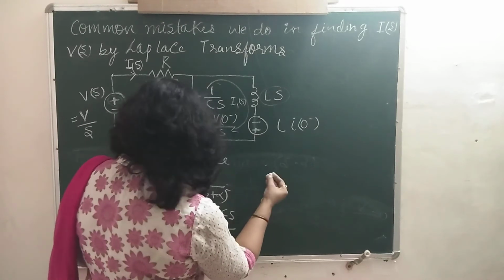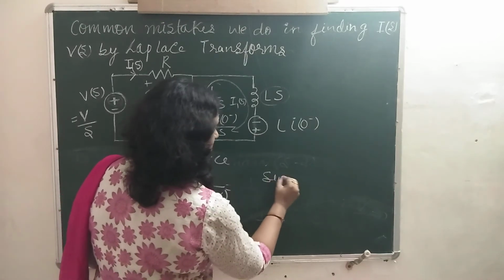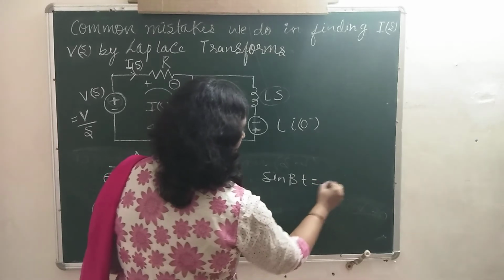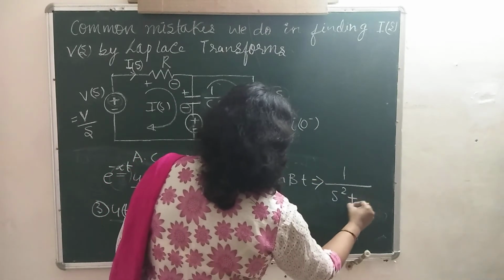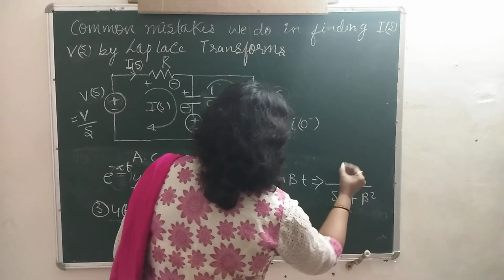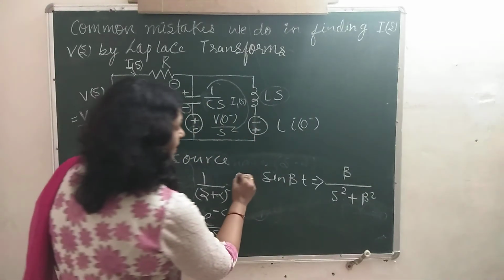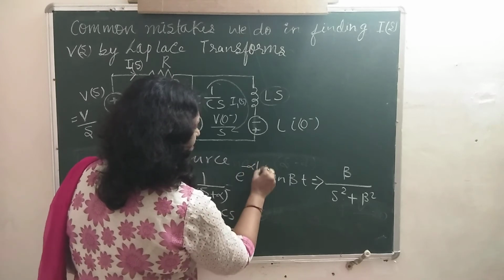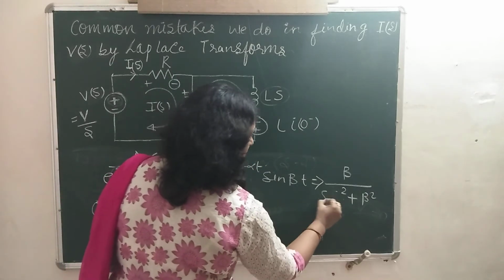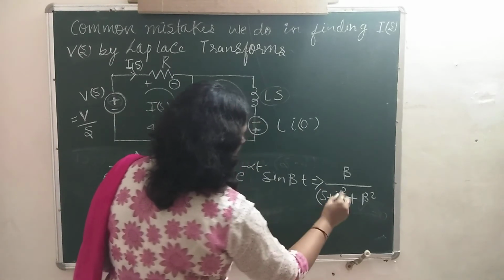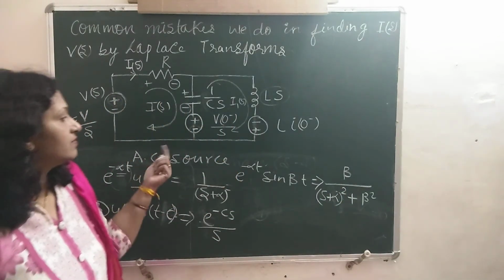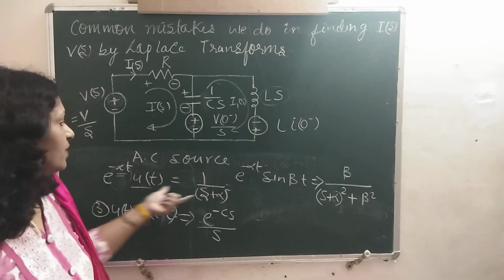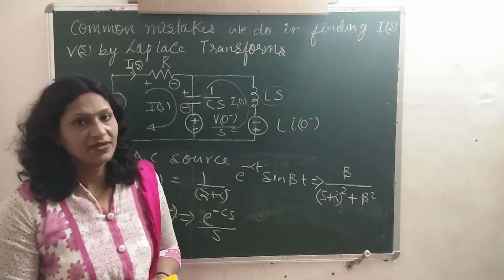If the function is sine beta t, then its Laplace transform will be beta over s square plus beta square. If exponential minus alpha t is multiplied, then this s will be changed to s plus alpha. This is the way to convert any time domain function to its Laplace transform. Thank you.